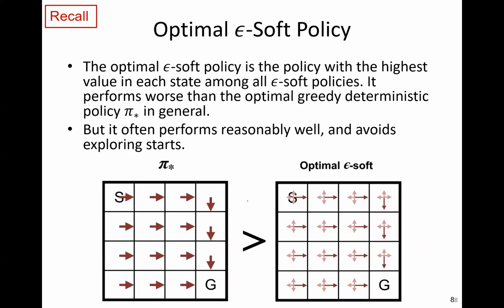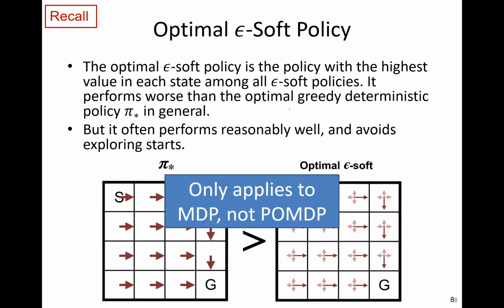So if you have a good memory, you'll say that this contradicts what we discussed before, right? What we said before is that the deterministic policy, the optimal greedy policy, is always better than the epsilon soft policy. So this is only applicable to MDP, not POMDP.